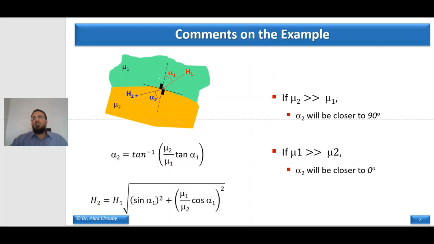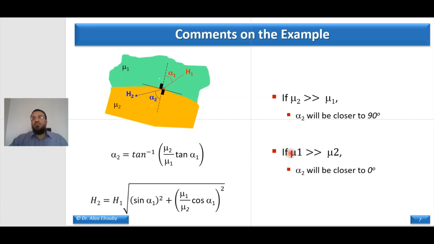Just a quick comment on this: if mu2 is, for example, a ferromagnetic material with mu2 much larger than mu1, then we'll have alpha 2 very close to 90 degrees, which makes H2 travel parallel to the surface.